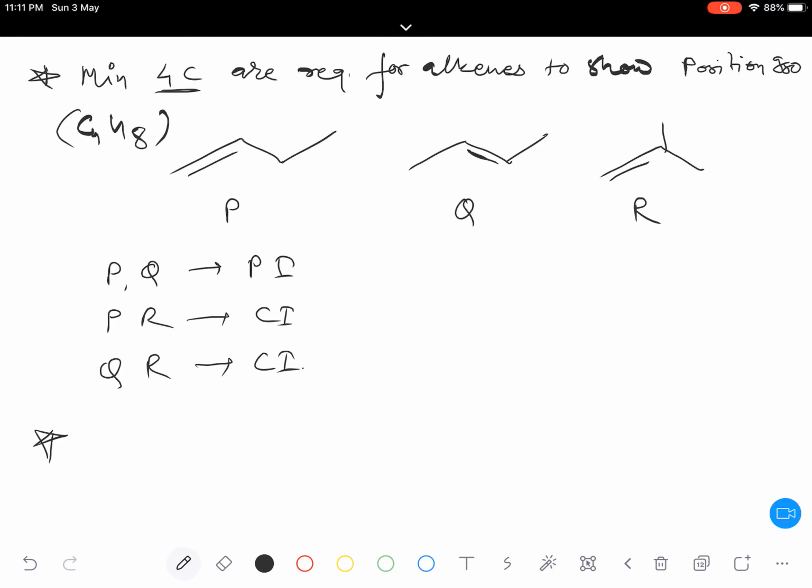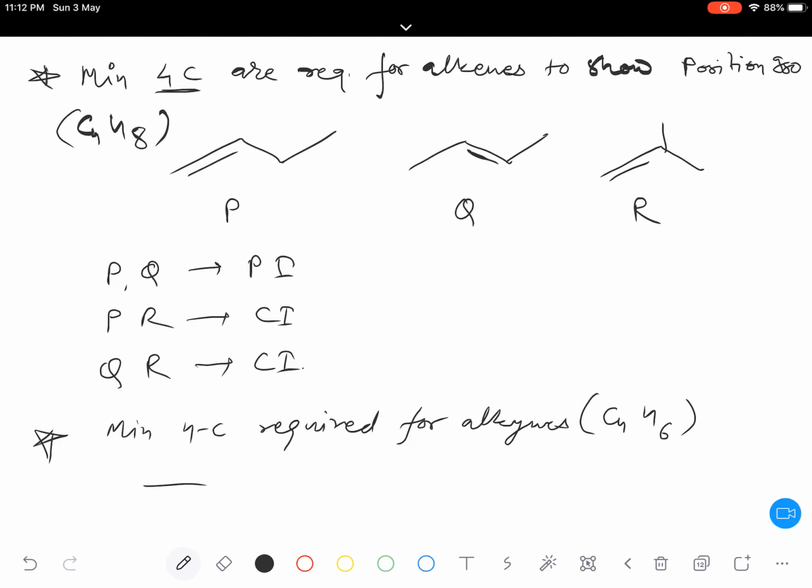Similarly for alkynes, minimum 4 carbons are required for alkynes to show position isomers, okay? Which I can write as CnH2n minus 2, so C4H6, which we can write as 1 2 3 4, right?